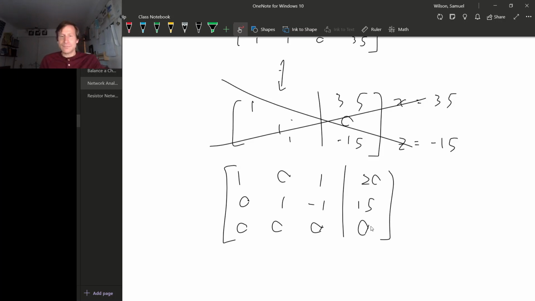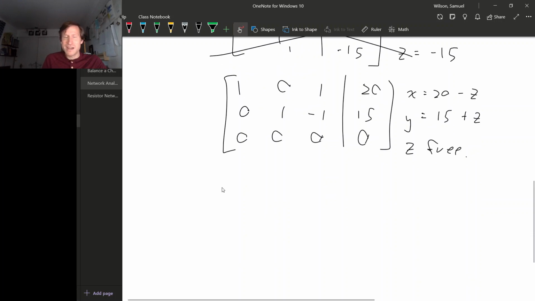Okay, so this first equation says that x is 20 minus z. Second equation says that y is 15 plus z, and z is actually a free variable here.